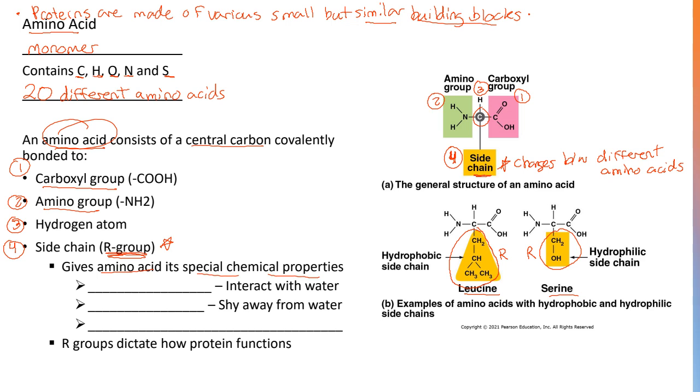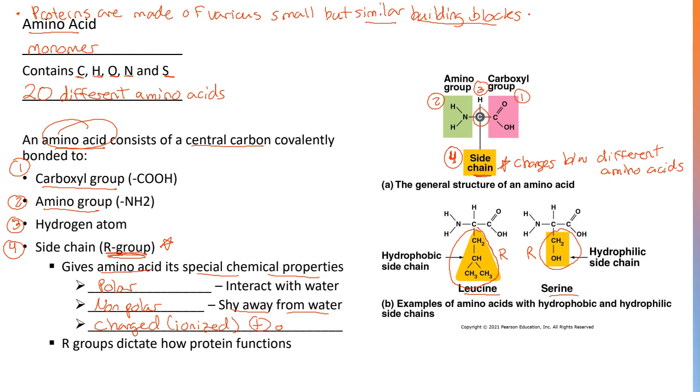Some of them may be polar, which means they interact with water. Some of them are non-polar, which means they shy away from water or hide from water. Some of them may be charged or ionized. In other words, they may be positive or negative.